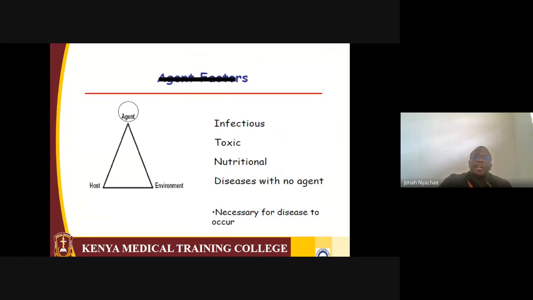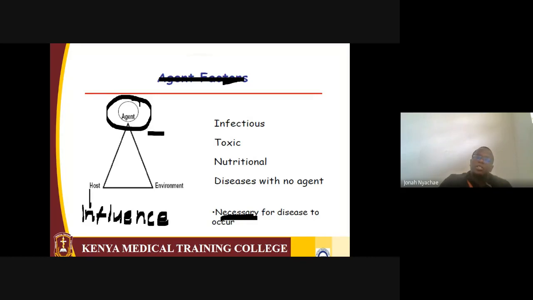We have the agent factors. Agent factors are factors which are necessary for disease. Here we have talked about influence; here we are talking about necessary. So if a factor is necessary, we are talking about nutrition. If nutrition is poor, this person will get a disease.